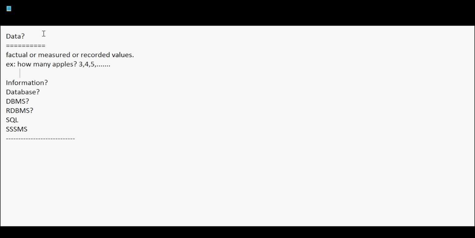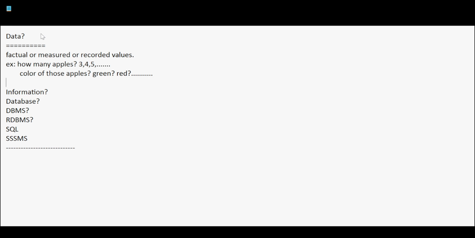Now, by looking at it, you can also find the color of those apples, right? That is either green or red or whatsoever. So these two are factual values. By looking at it, you are finding the color and the number of apples there.